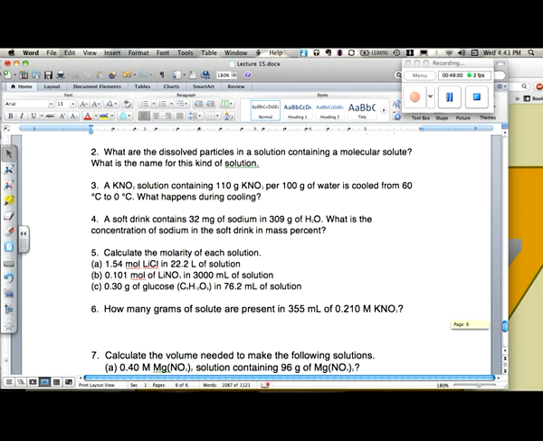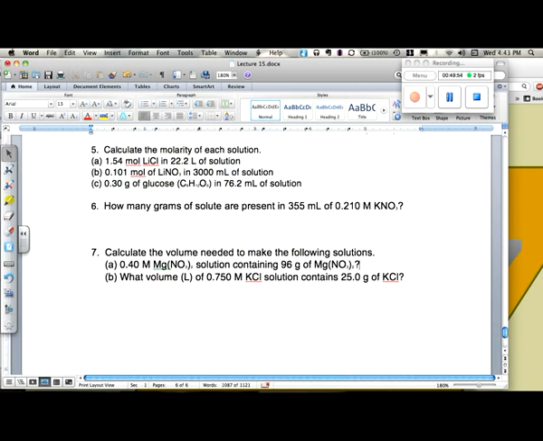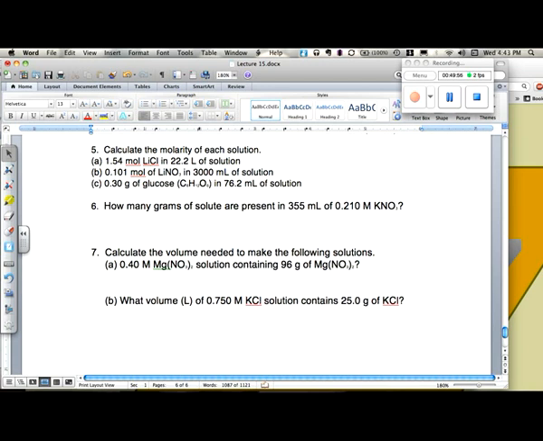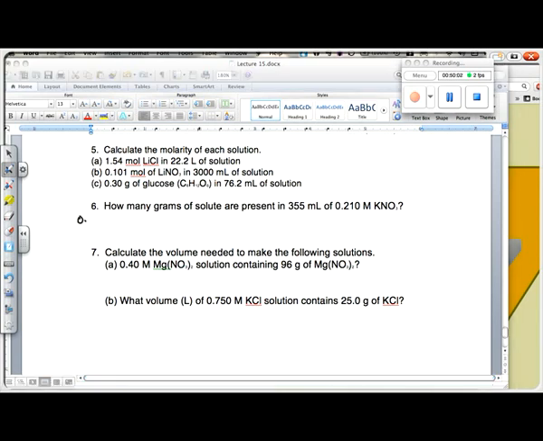Okay, and then might as well go ahead and do the same thing for these other two. Okay. All right, so rewriting the Big M. It is 0.210 moles over liters. And now I want to use this volume I want to get to grams.